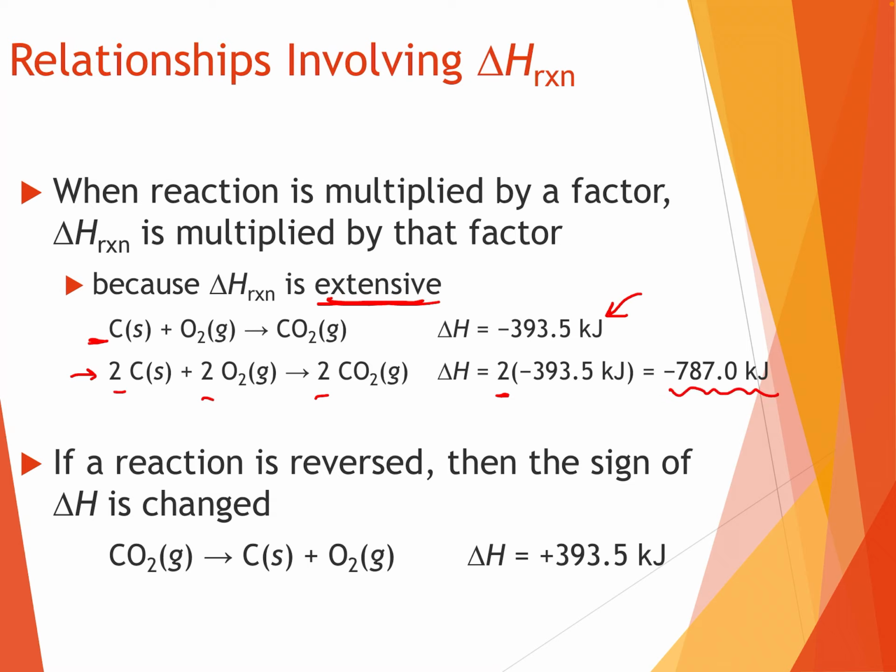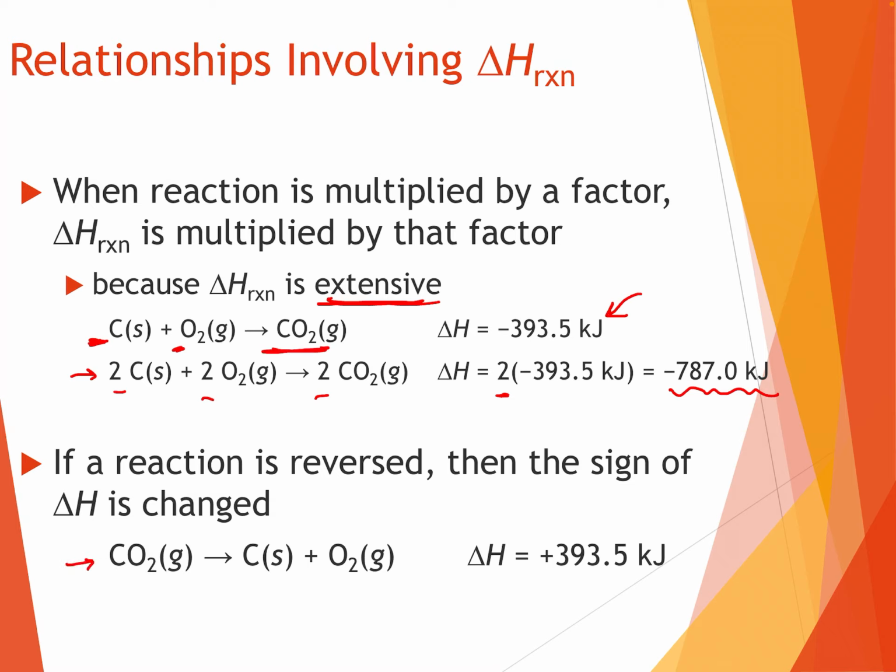So for example, normally we have carbon and oxygen, we're reacting them together to get carbon dioxide. This is an exothermic reaction. We're going to produce negative 393.5 kilojoules. But if instead I wanted the reaction to go the other way, I wanted to decompose my carbon dioxide and break it back apart into carbon and oxygen, so that would be this reaction here.